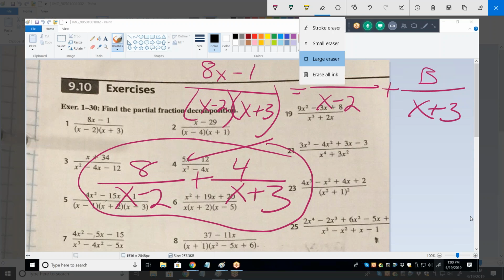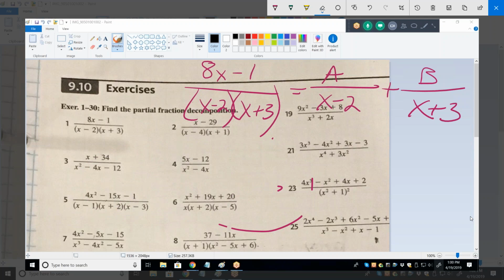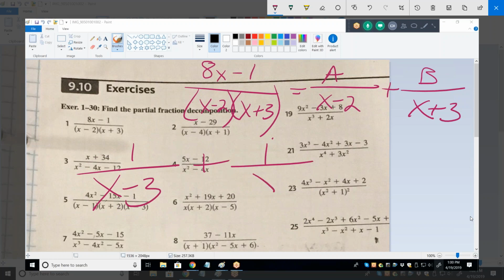So we're going the other way. And before we go the other way, let's just make sure you know how to do this. How do you do that?